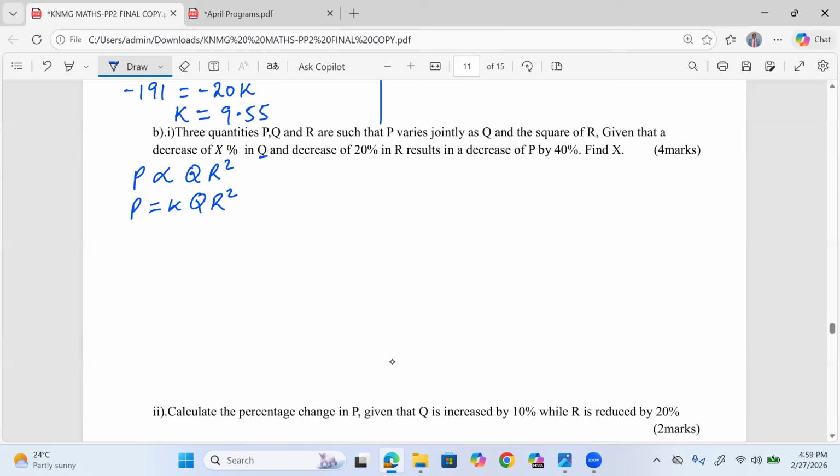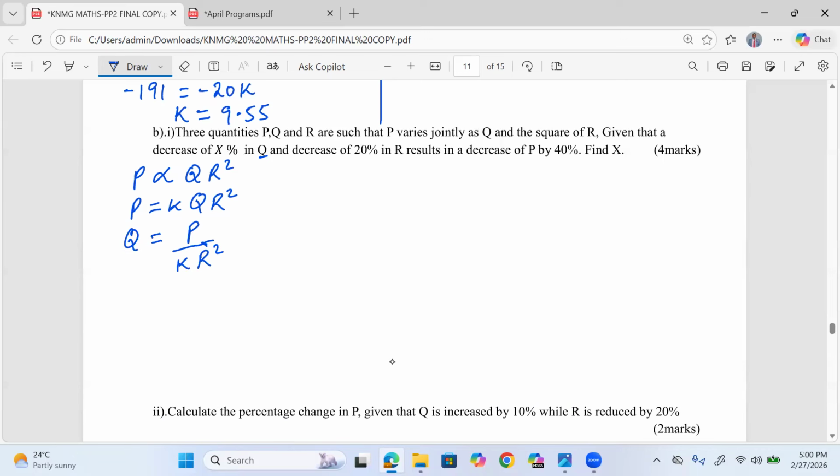If Q is made the subject, then Q equals, remaining with Q there, we are already having P. So we need to bring the constant and R to be the divisors there. Yeah, like that.